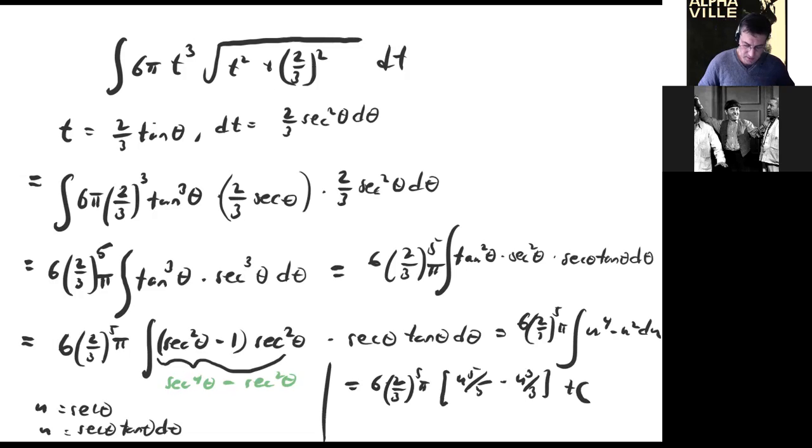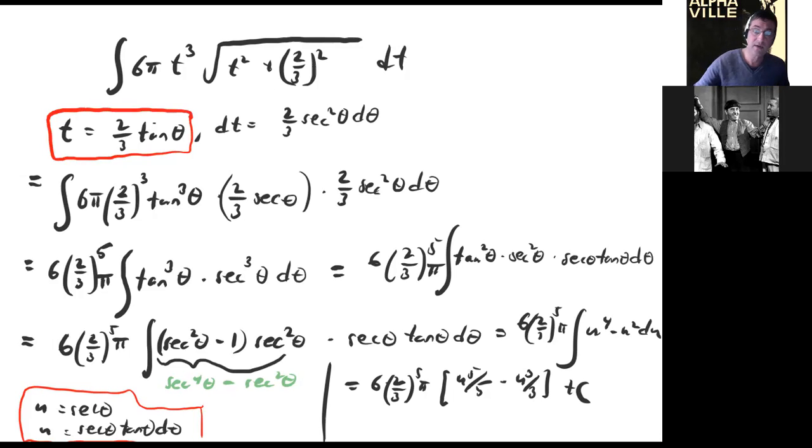Okay, so that's what it is in terms of u, and now I have to go back and get it in terms of theta and then back in terms of t. So we need to, first of all, isolate the important substitutions. u is secant theta and t is 2/3 tangent theta. These are the two important things. The rest I can erase.